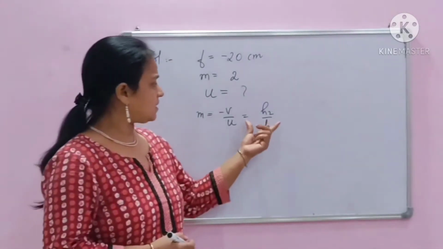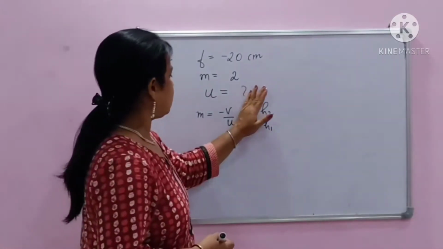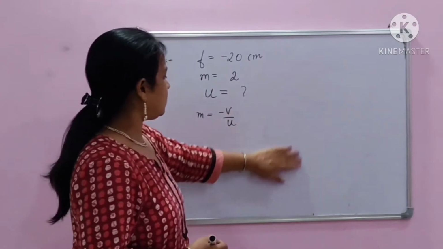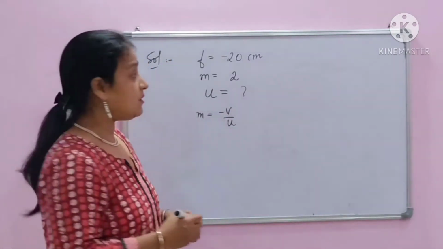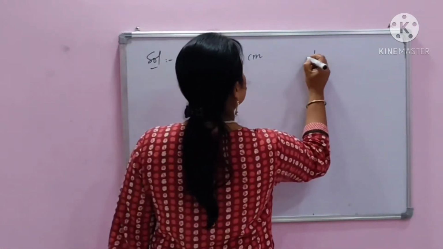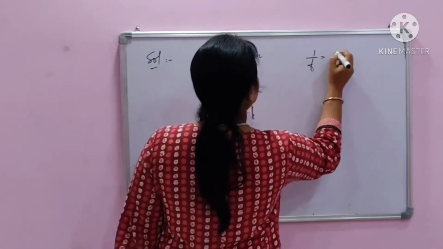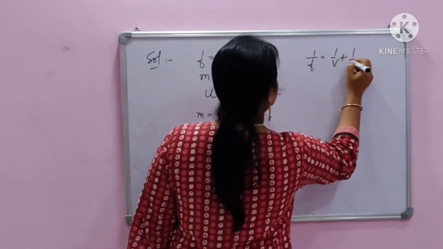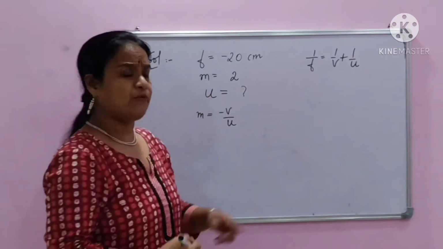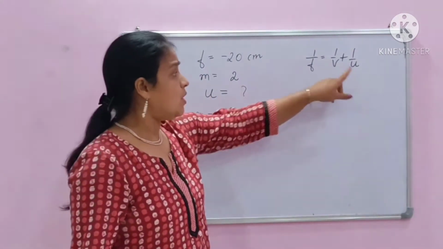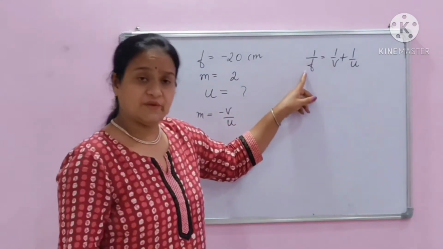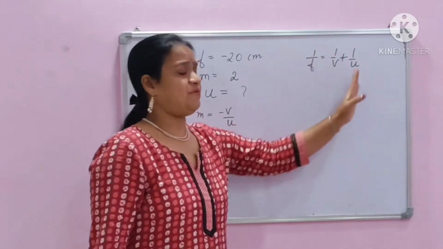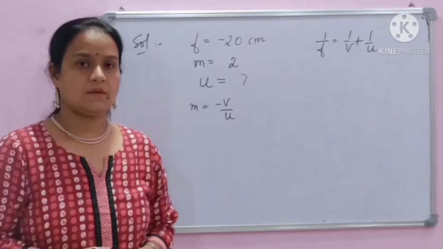I think this formula will not help us, so let us erase this, because we know that we have the mirror formula. The mirror formula is 1 by f is equal to 1 by v plus 1 by u. So we get some clue from here. We have to find u and we have been given f. So let us see if we can use this formula.